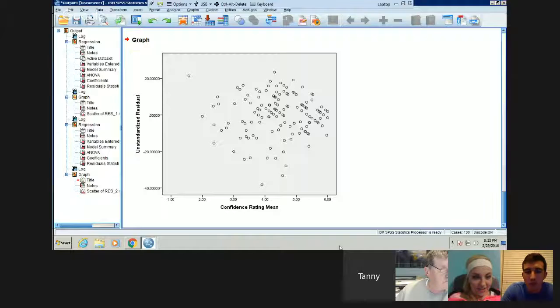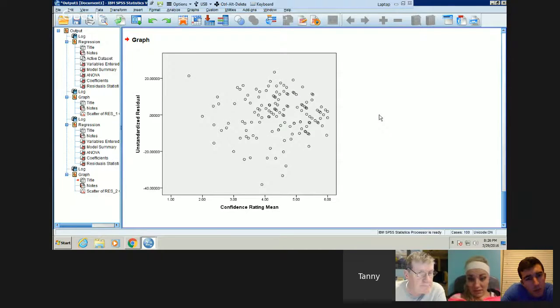So it fails. Okay, my SPSS isn't working. Does this graph look right to anybody? Yeah. What does yours look like on Excel, Clint?